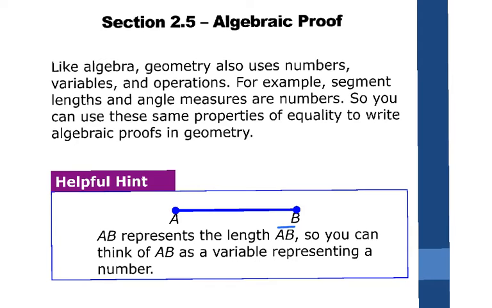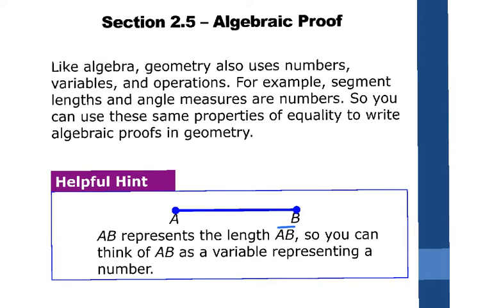And here we go. I'm just going to read this. It says, like algebra, geometry also uses numbers, variables, and operations. For example, segment lengths and angle measurements are numbers. So you can use these same properties of equality to write algebraic proofs in geometry.